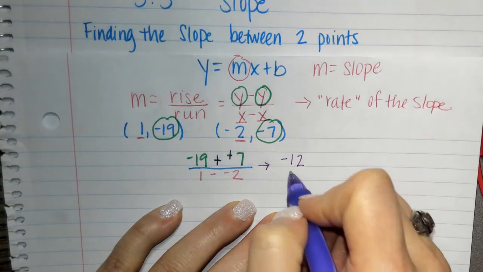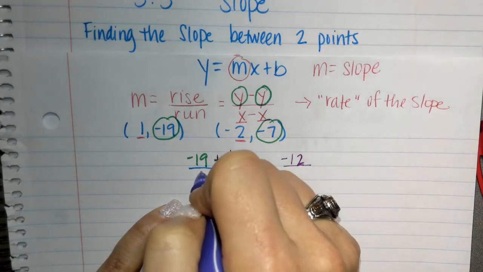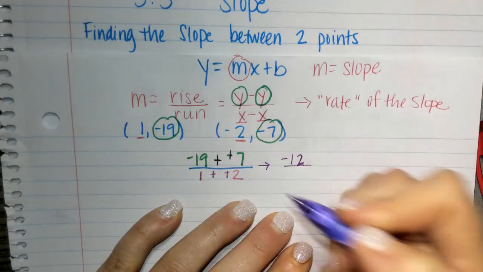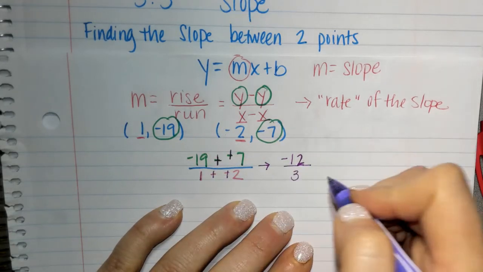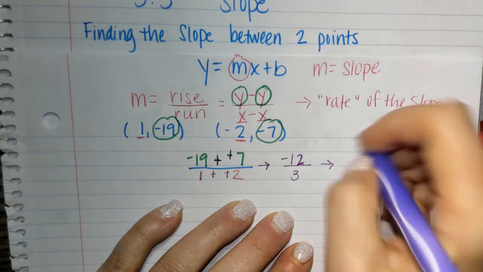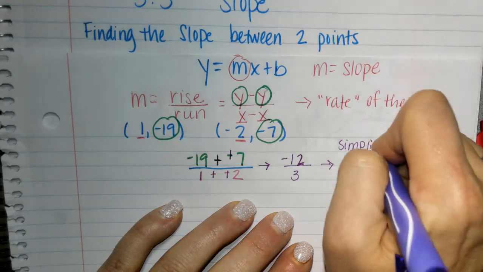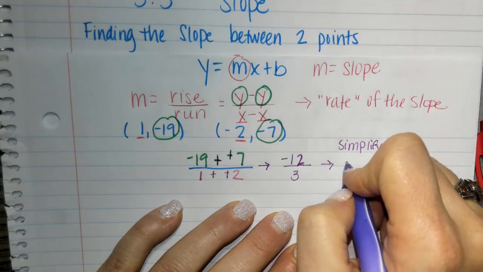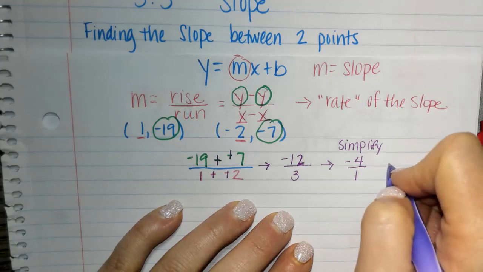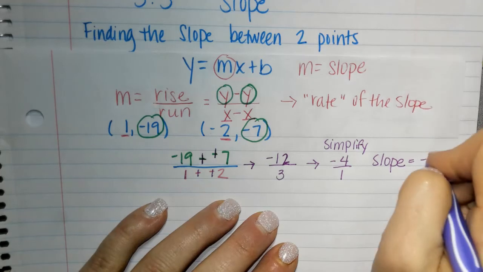Okay? -12. And down here it's 1 plus the opposite. Now you have a 1 plus a 2, which is going to give you a +3. So if we were to simplify or reduce, we would get -4 over 1. Simply put, your slope would be a -4.